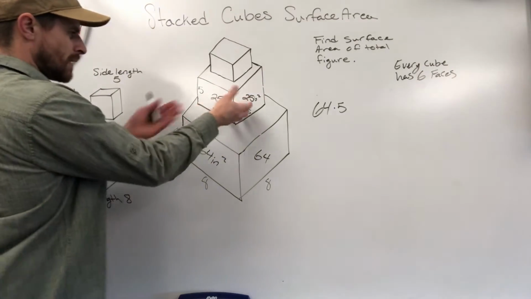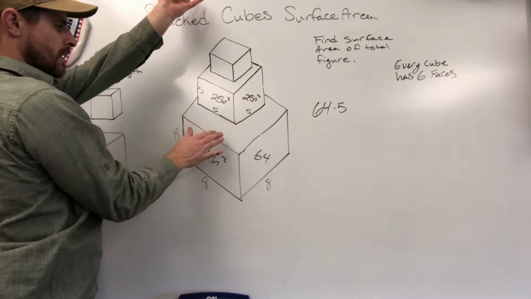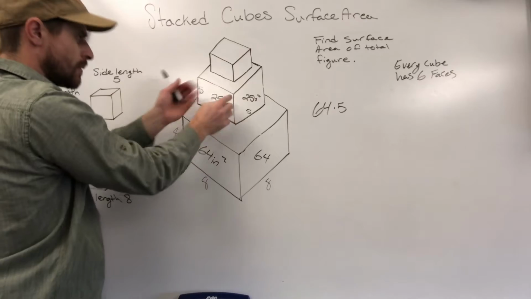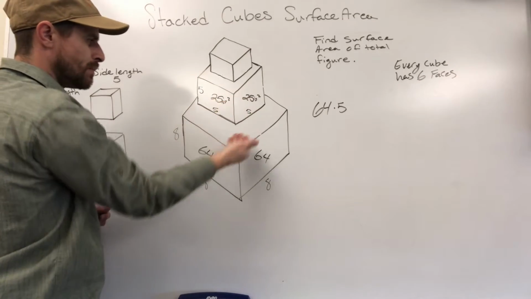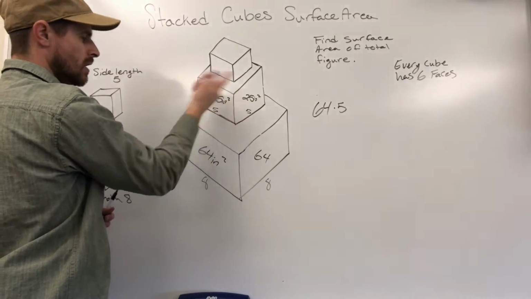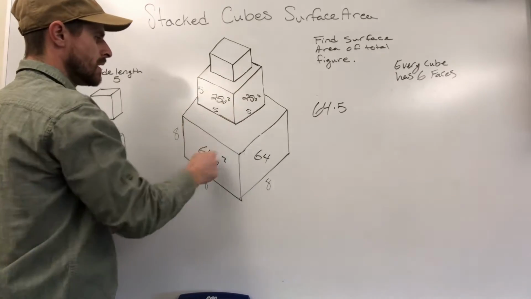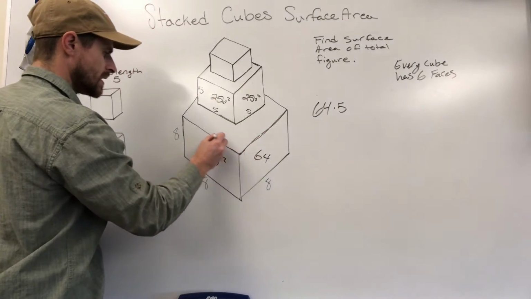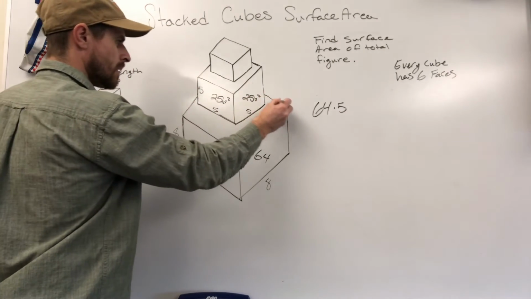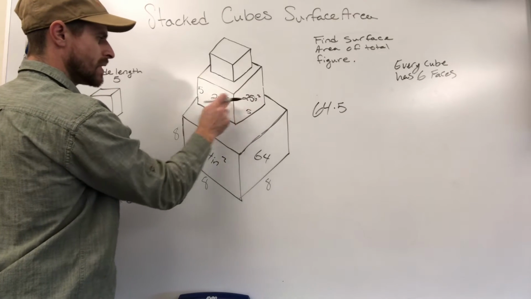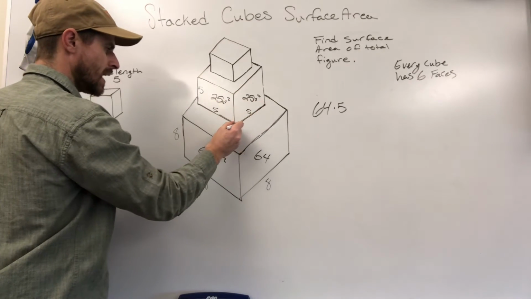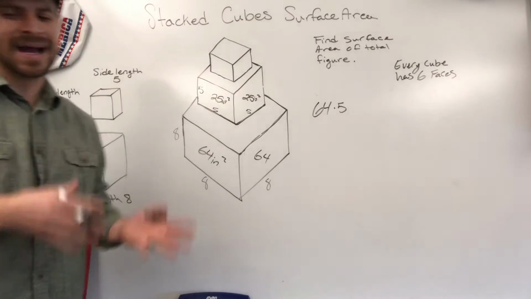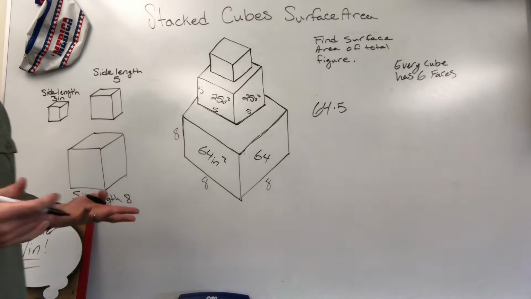So check this out. If I were to lift this medium box off, the top of my bottom cube is 64. But I'm gonna set down this box, whose bottom is the same as all its other faces, 25. So if I have a total of 64 with this large top, but then I'm covering up 25 square inches with this box, I want to take 64 minus 25, and that's gonna give me 39.